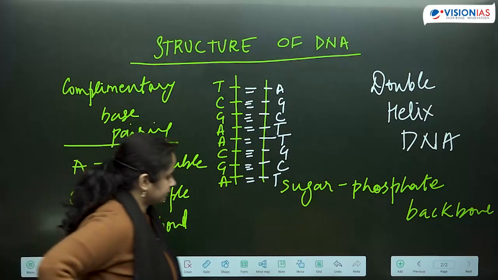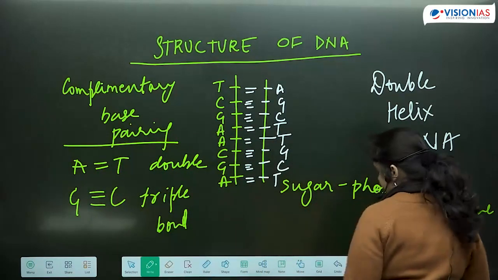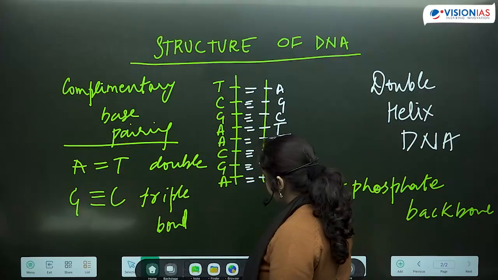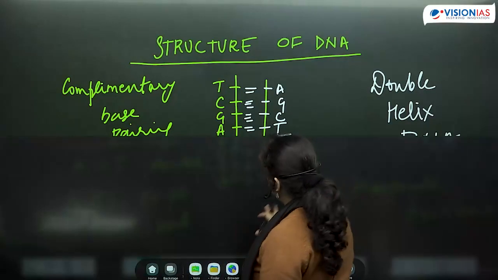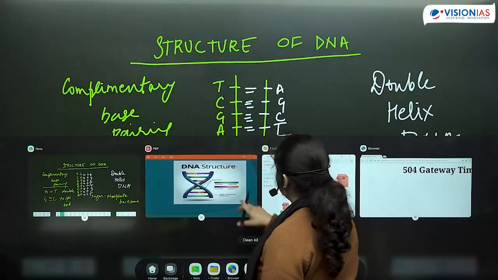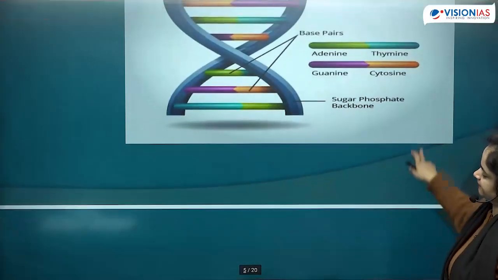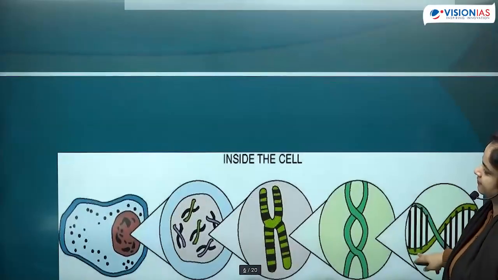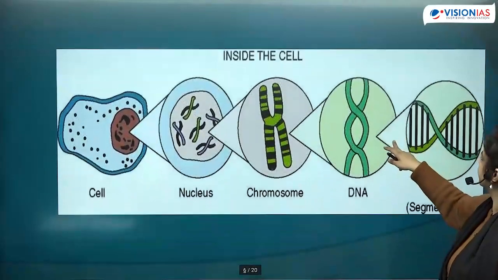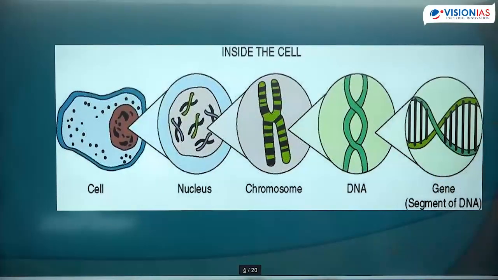Okay. So now that we know about the structure of DNA, we're going to put this whole thing in alignment with the concept of the cell, which we already know. So do you remember the cell?